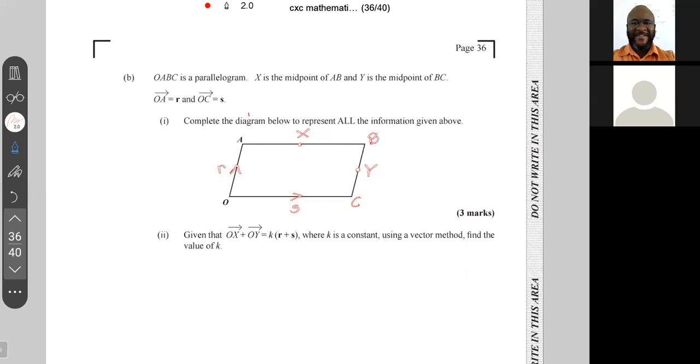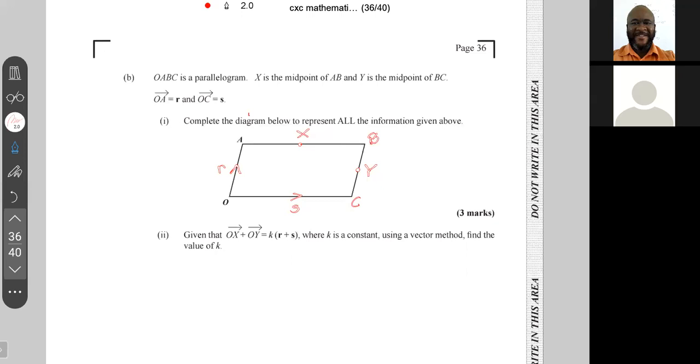So we're to complete the diagram below to represent all the information given above. So just by putting in these letters and points and arrows, we get 3 marks.